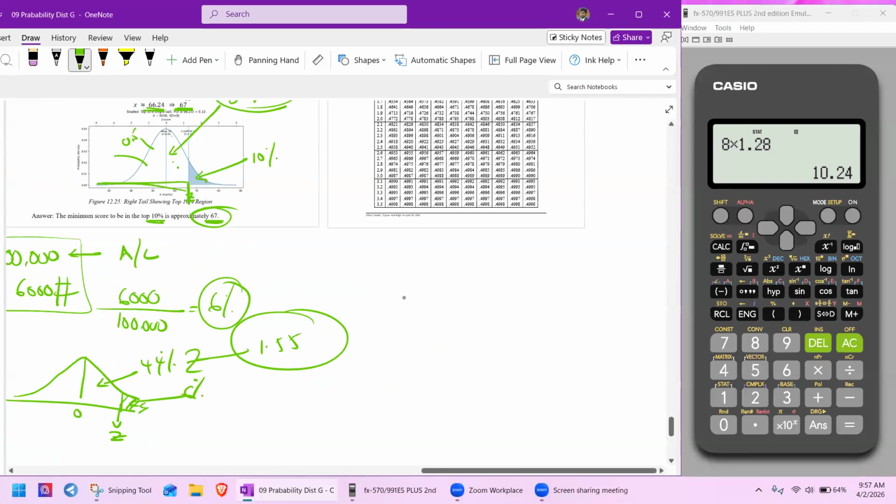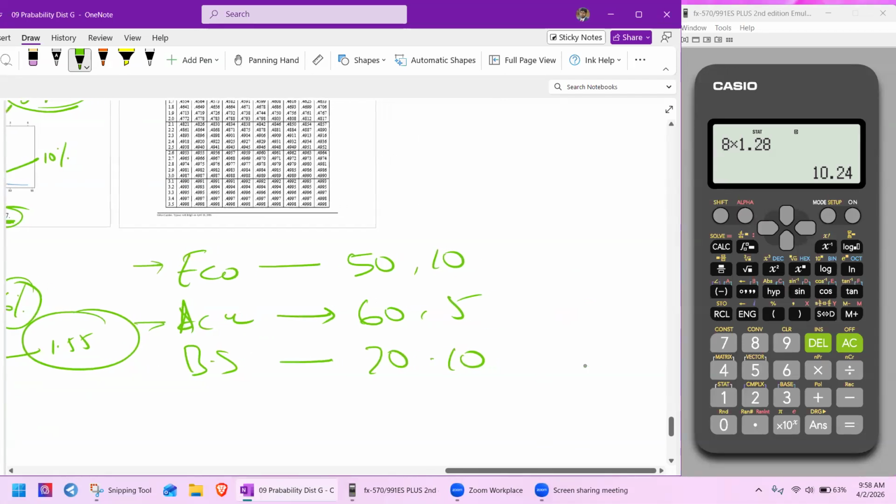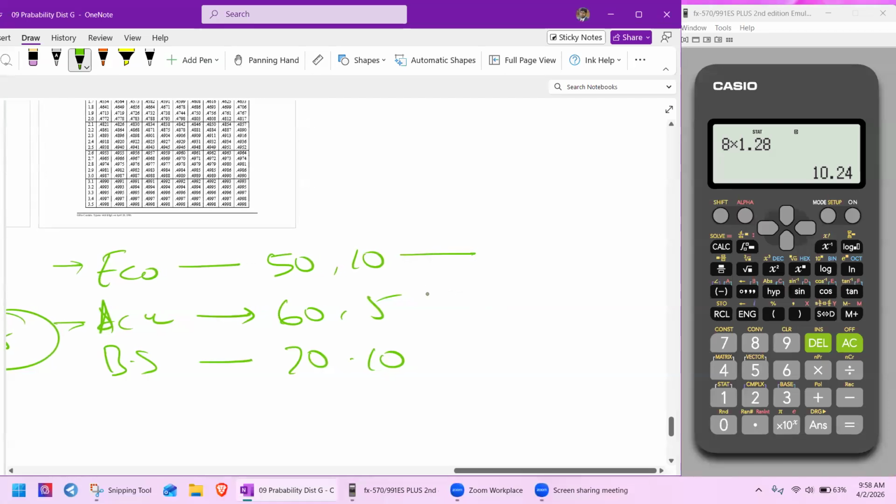Then earlier, for example, economics, accounting, and business studies. They have mean marks, say 50 mean and standard deviation, say 10. Accounting, they have 60 marks, standard deviation 5, and business studies 70 marks, standard deviation 10. Then they find it.